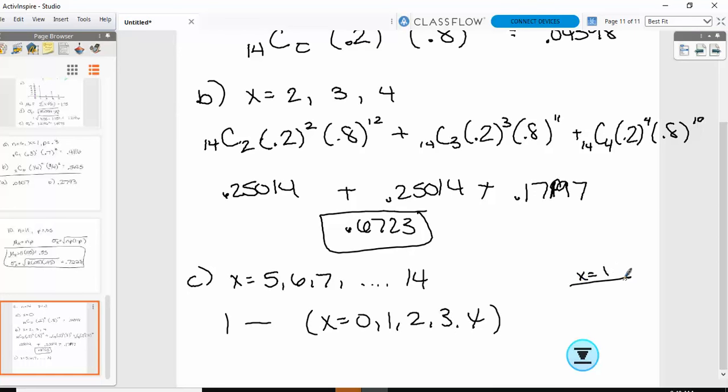So if x is 1, that's 0.1539. So then I'm going to add my answers from part A, B, and that number together.